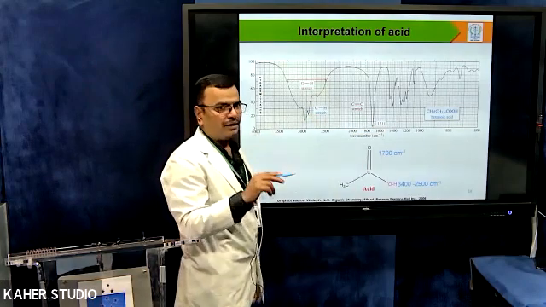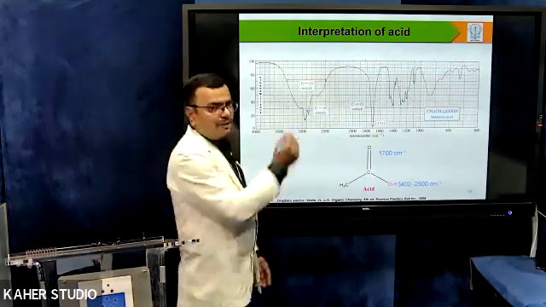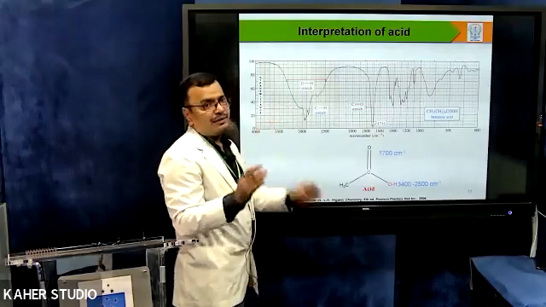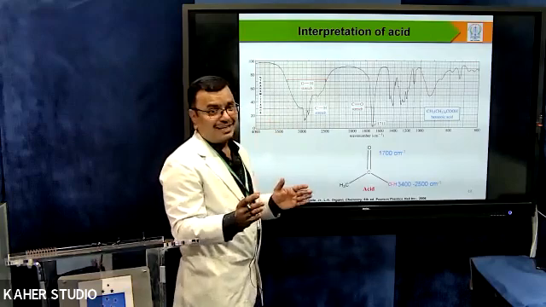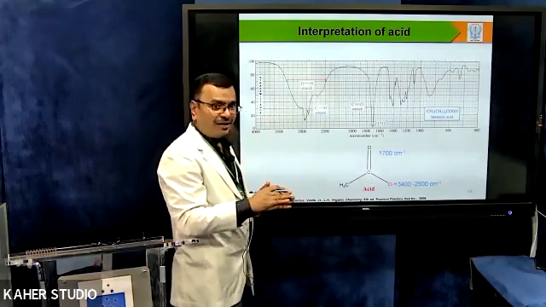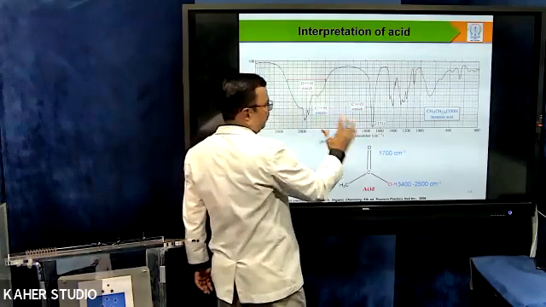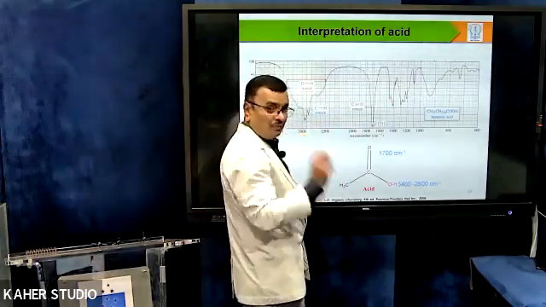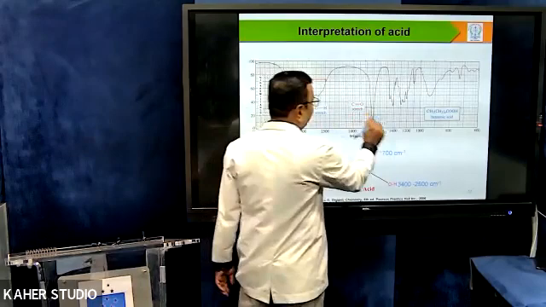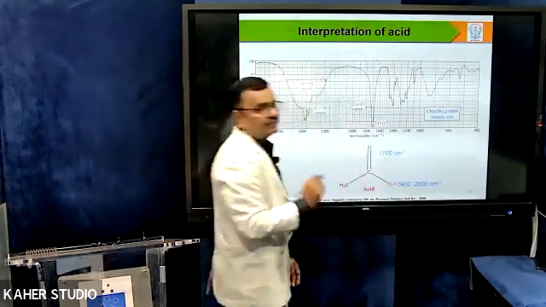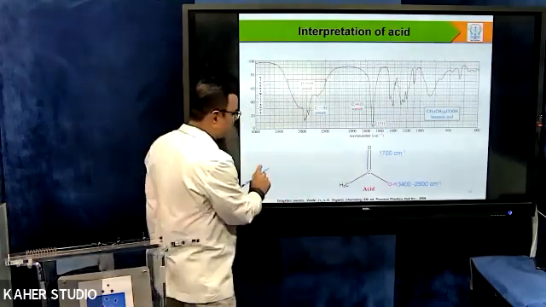In the moisture content of any organic compound, that peak also comes somewhere here only, and it can make it unavoidable, whether it is an alcohol peak or a moisture peak. The common peak which I am going to get is the characteristic peak at 1711 to 1690. There is the C double bond O carbonyl stretch.